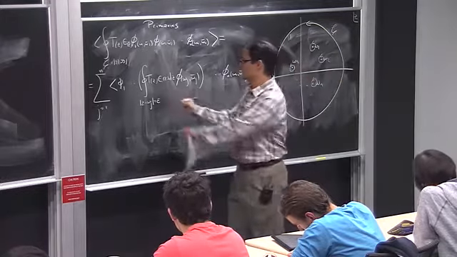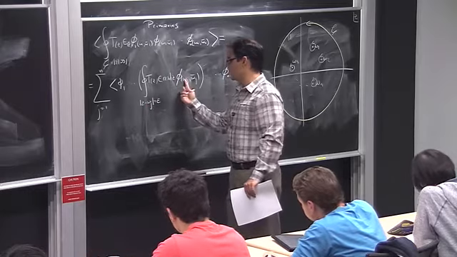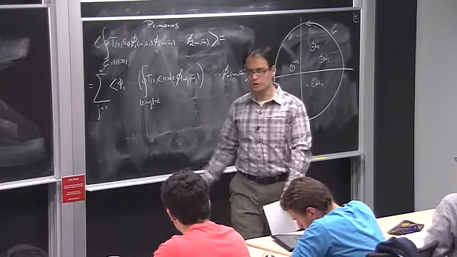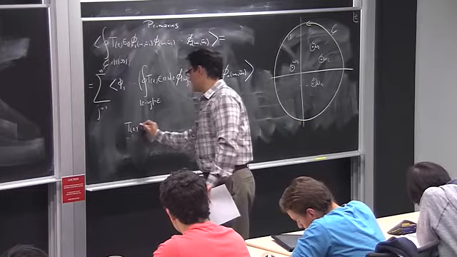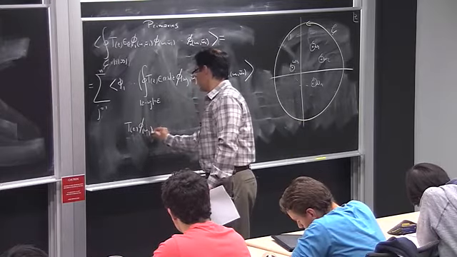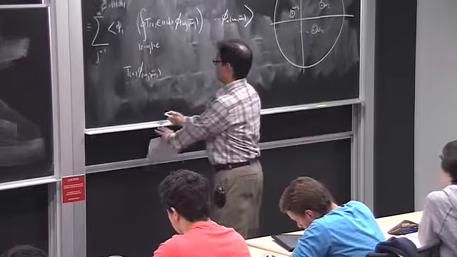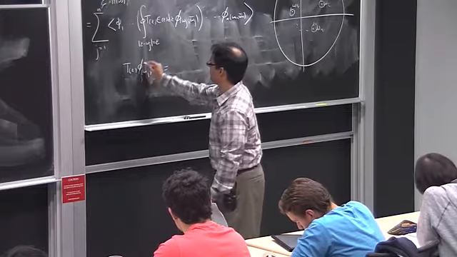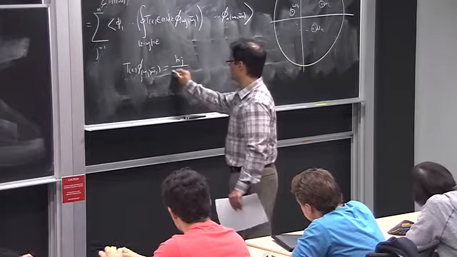But now, since everything is happening very, very close to the location of this operator, we can use the OPE of T and phi. But phi is a primary operator with some conformal dimension h.